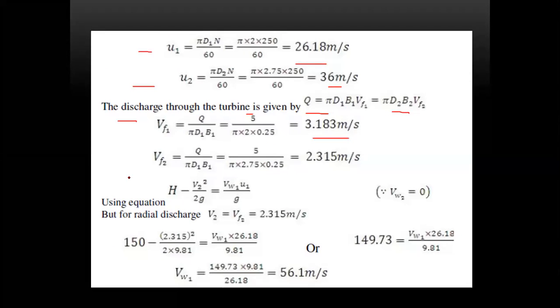Vf2 is equal to Q by area. Therefore, H minus V square by 2g is equal to Vw1 u1 by g. Here, Vw2 is equal to 0. Thereby, using the equation, we get Vf2 is equal to 2.31. After substituting this, we get the value Vw1 is equal to 56.1.